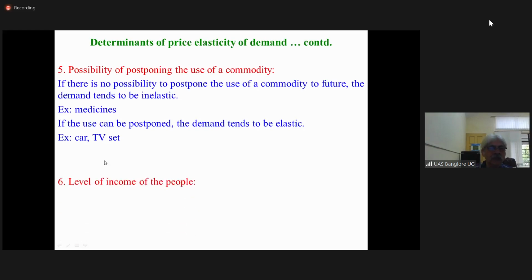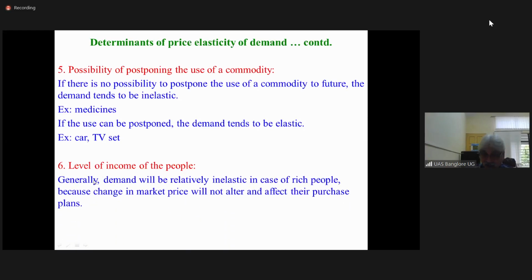Then the sixth one is the level of income of the people. If the people are rich, then what do you expect? The demand to be inelastic or elastic? Generally, demand will be relatively inelastic in case of rich people because the rich can afford to pay a higher price.